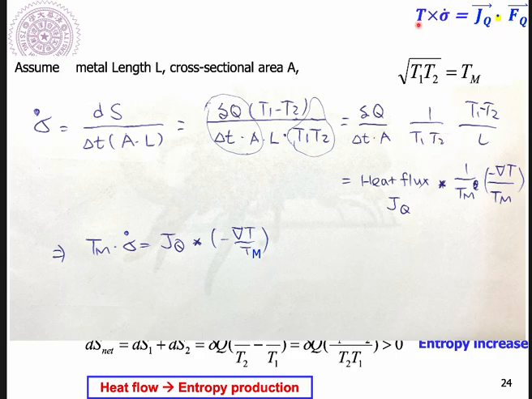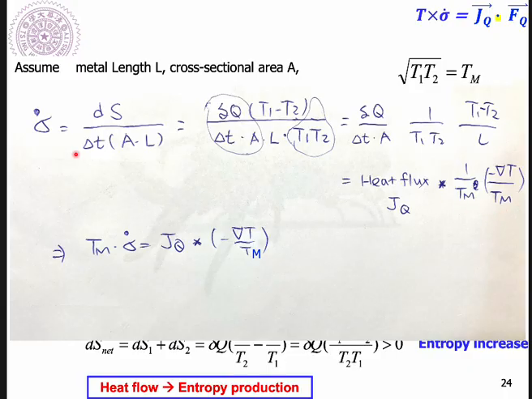But we hope that we have just one T, right? So this is just a mathematical trick. We use T1, T2 and assume a new parameter we call Tm. We use the square root of T1 T2 equals Tm. So here I can have Tm squared, and I put 1 over Tm here and 1 over Tm here.